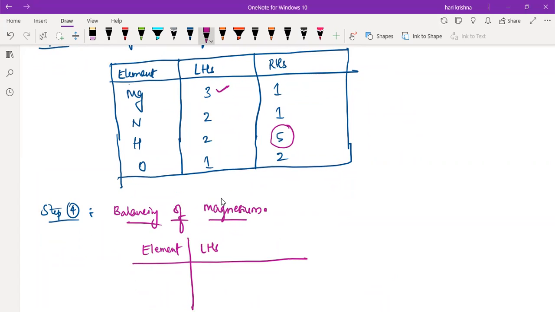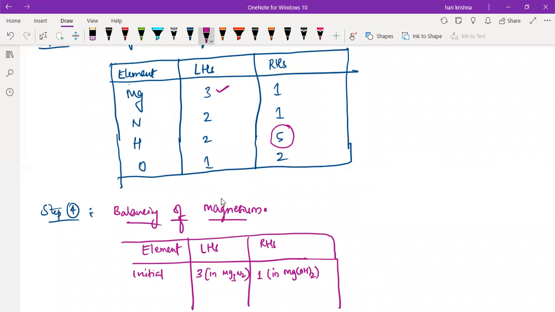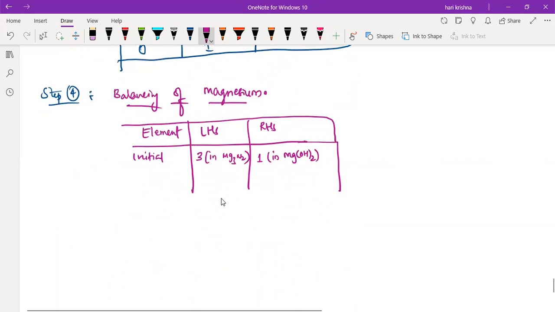Balancing of magnesium. Element, LHS, RHS. Initially, how many are there? 3 in Mg3N2, and 1 in magnesium hydroxide. Now you tell me how much I have to multiply to balance. This is 3, this is 1 into 3.